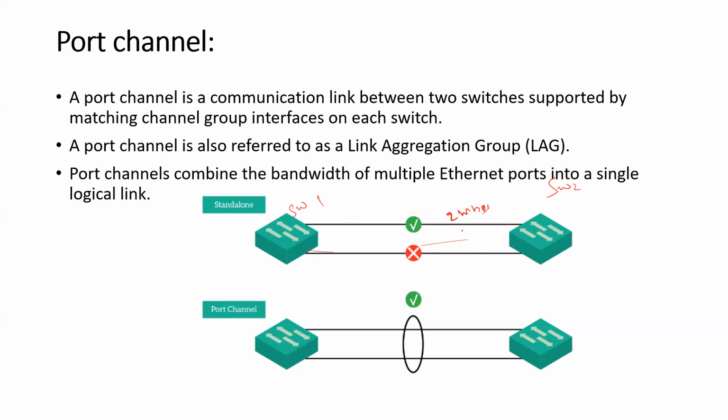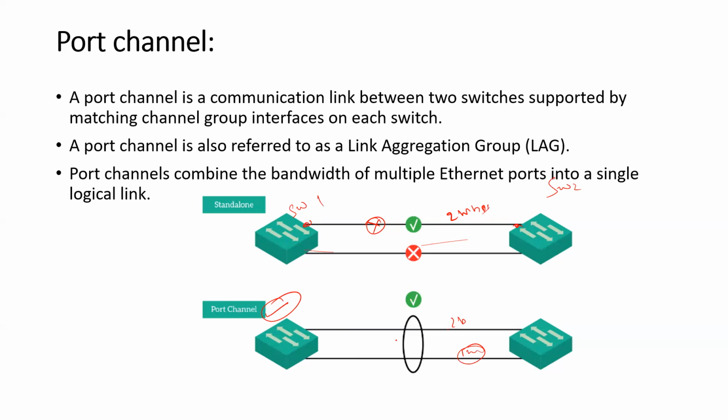For some reason there is a failure of this cable, or some issue on the ports and it is down. So we need to have some backup, right? For that purpose, they will connect two cables between the switches, that is called port channel. So this is 2 Mbps, this is some 1 Mbps.